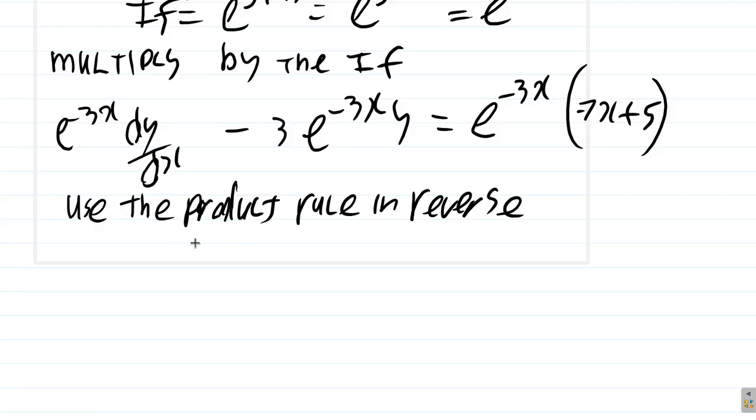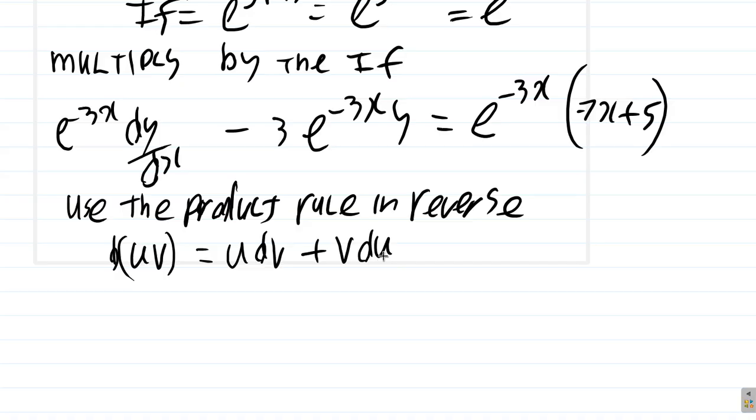Remember what the product rule says: the derivative of two functions u times v multiplied, so it's a product, is equal to u dv, so you hold u and differentiate v, plus v du, you hold v and differentiate u, you multiply them like that, right?